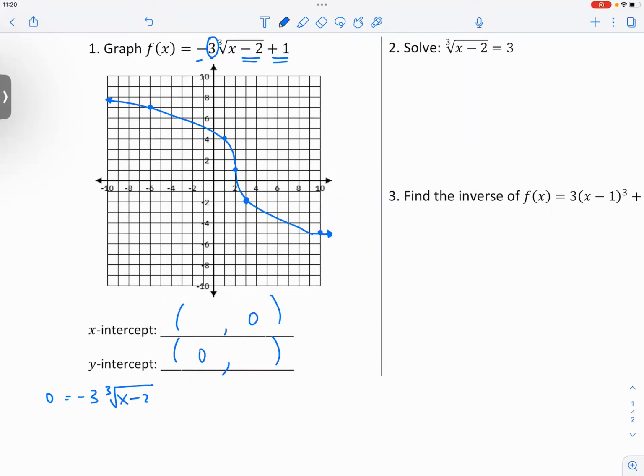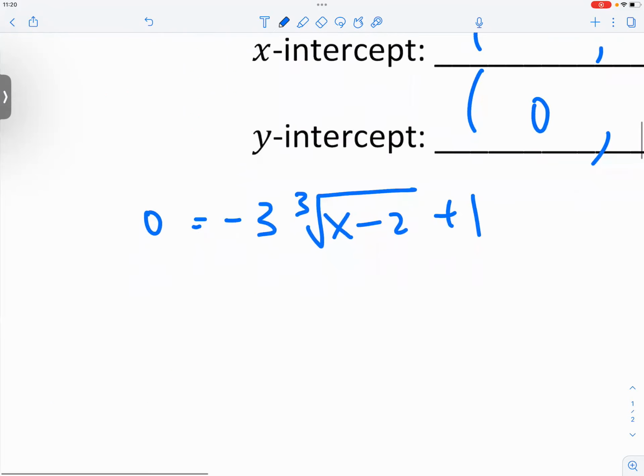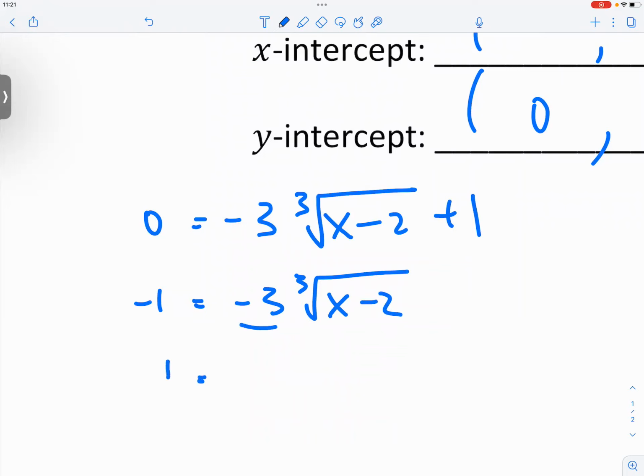And we have y equal to 0, which is f of x becoming 0. And then we have to move the 1 over, okay? And the major obstacle right here is to make sure that you divide by the -3 first, which makes it 1/3.